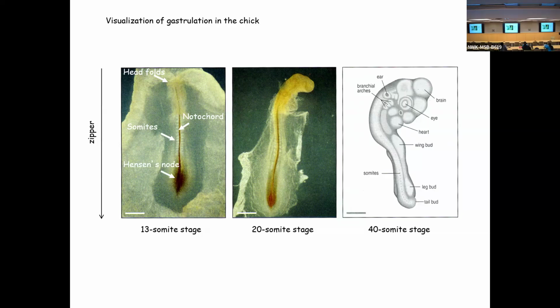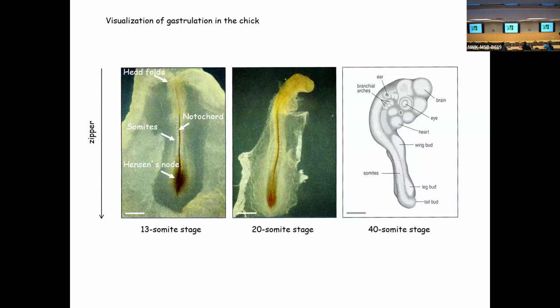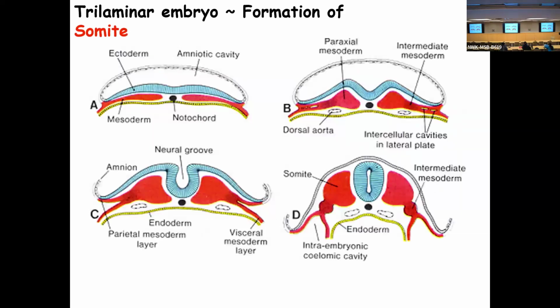The somites will give rise to the dermomyotome, the dermis and the myotome, and also the ribs, the sclerotome. So these are all mesenchyme structures that are derived from the somites. Okay, all right.